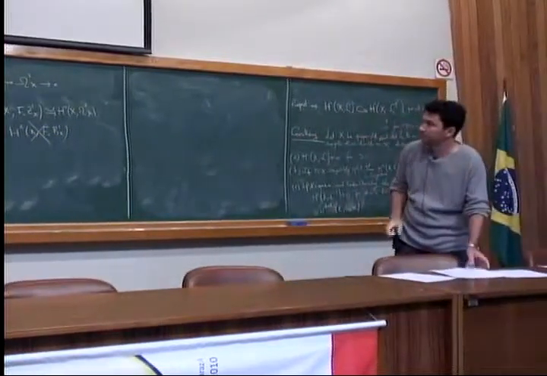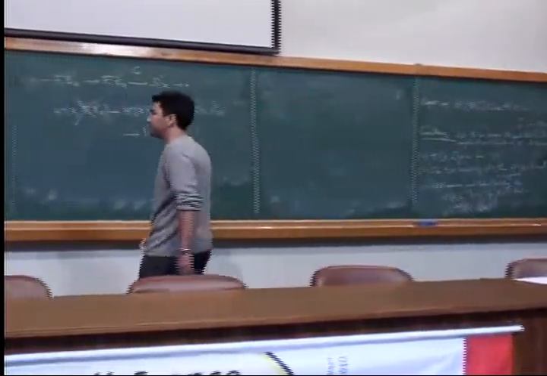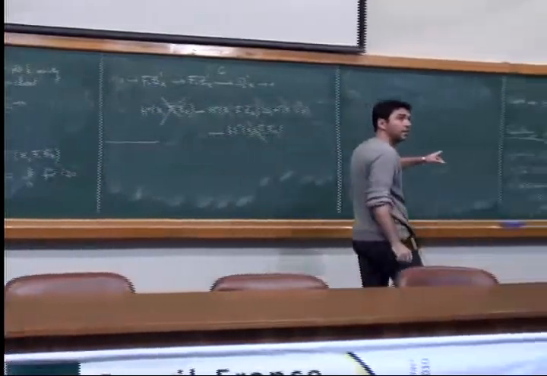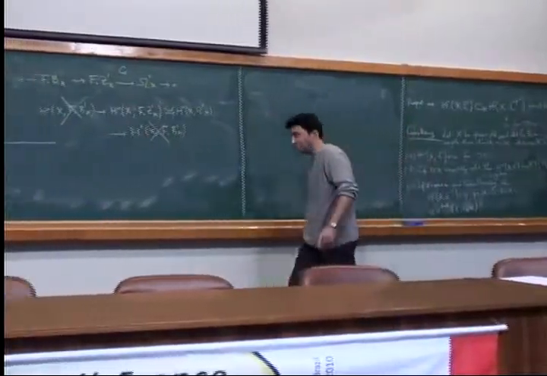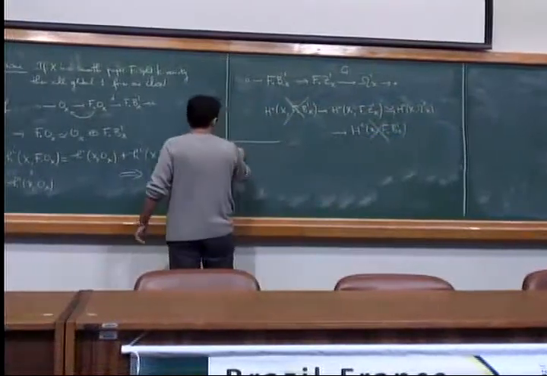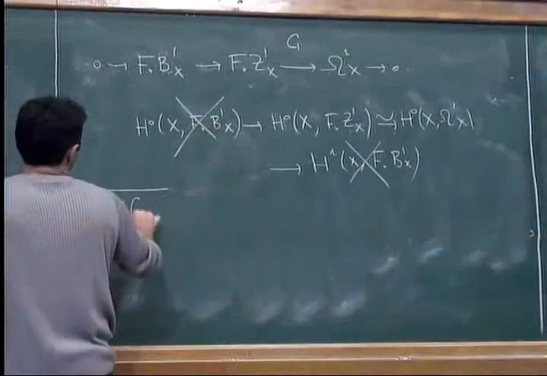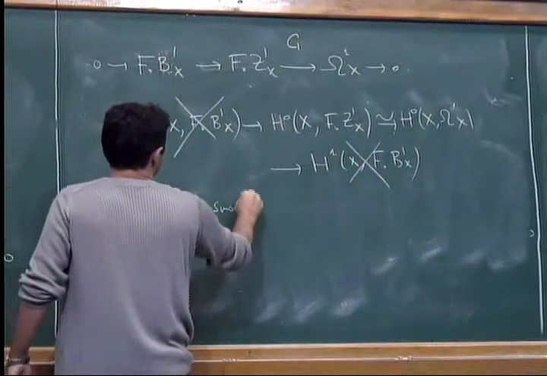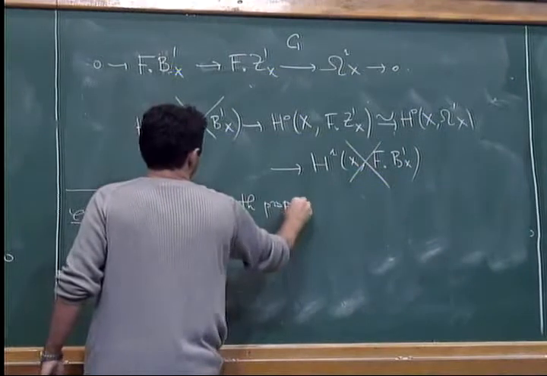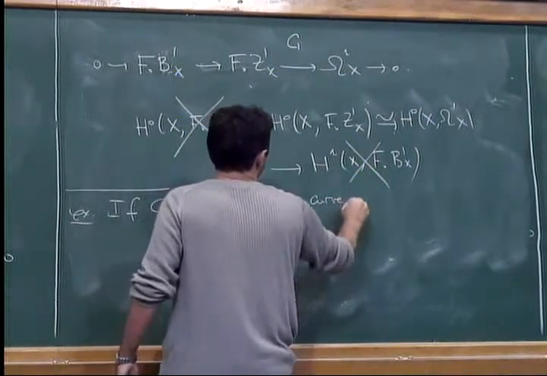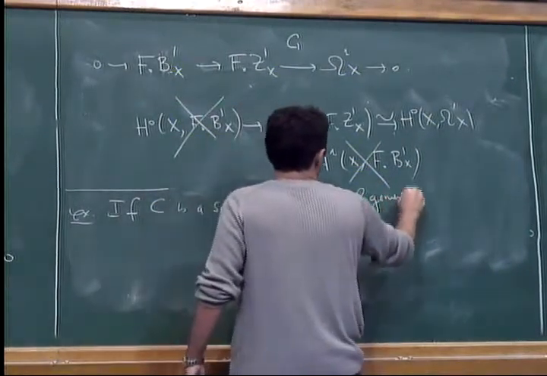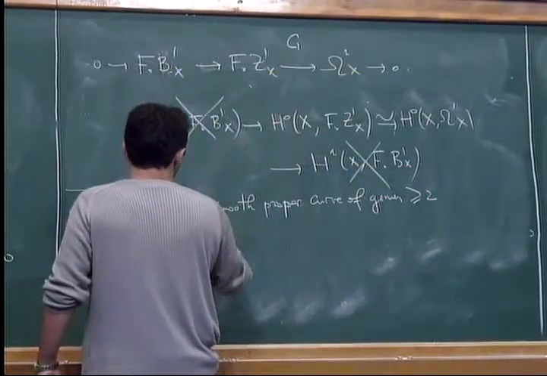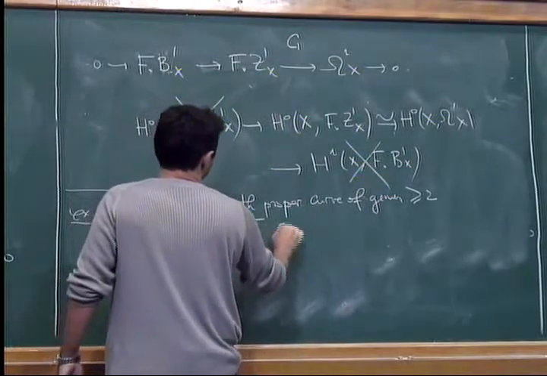Yes, before, maybe just a few remarks. From the vanishing here, you can at least deduce that some varieties are not split. So if C is a smooth, proper curve of genus at least 2, then C is not Frobenius split.